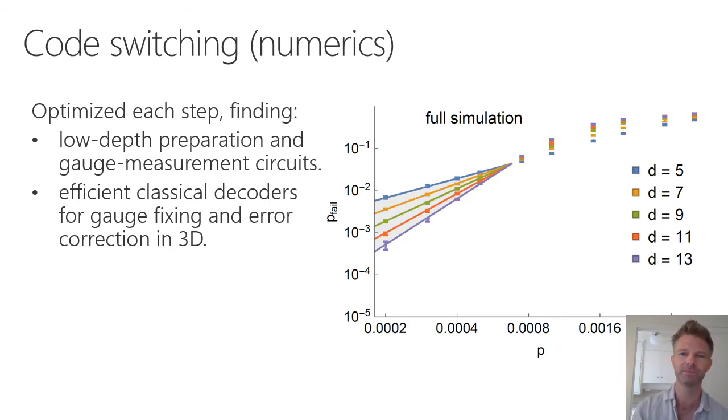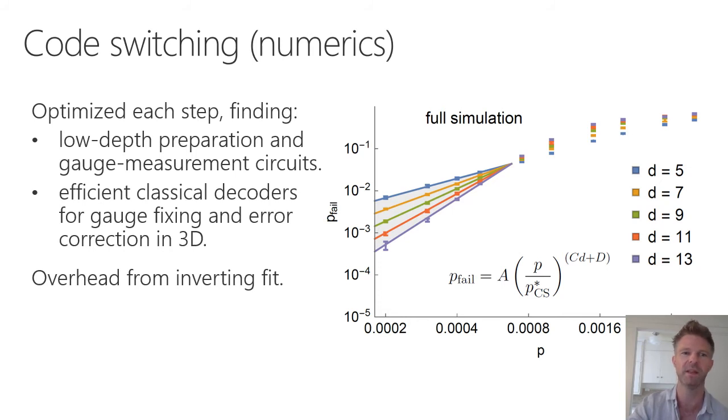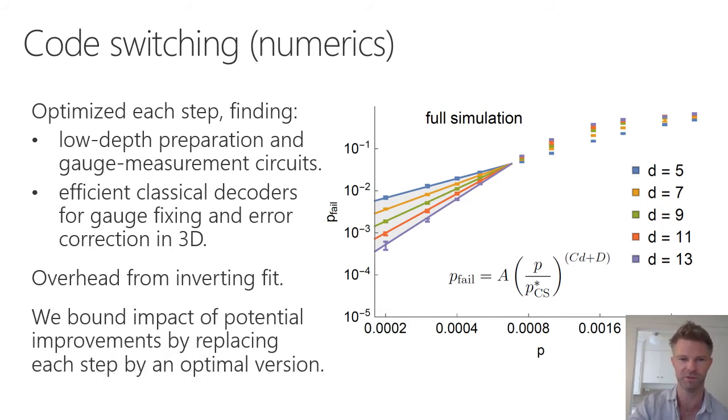But once we had it, then it's a relatively simple task to just run for a range of distances and a range of values of physical error rate, and then to extrapolate beyond the distances that we were able to explore in our relatively rudimentary simulation, we fit a simple standard form to the failure rate as a function of the underlying physical error rate and the code distance, and then we can use that fit in order to extrapolate.